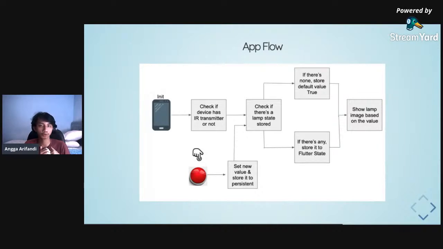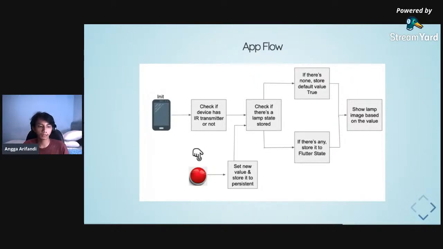Basically, it will store a boolean true or false inside the mobile device. So next time we start the app again, it knows, oh, previously Angga had already turned off the lamp, or probably he hadn't.